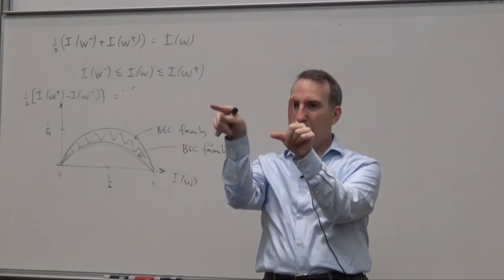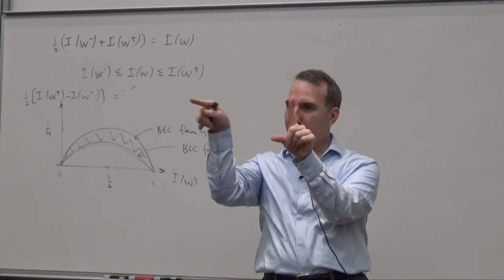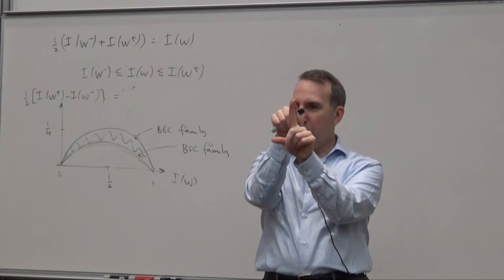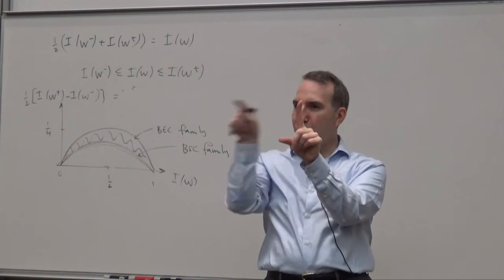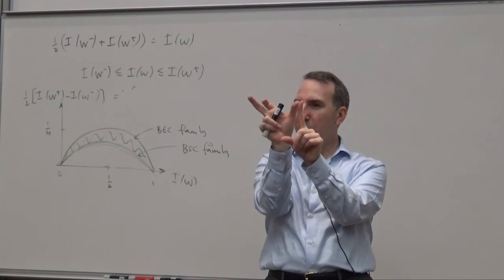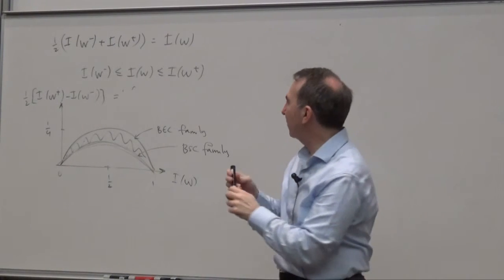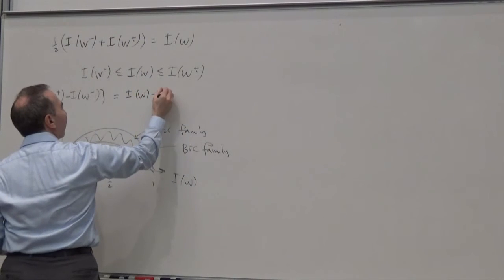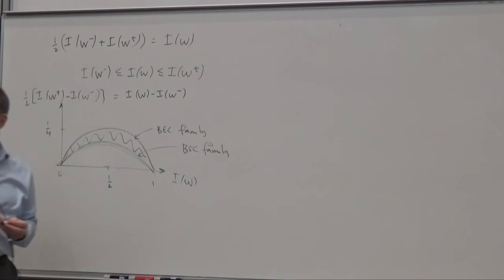On the real line, they are exactly in this order. W minus is worse, W is here, W plus is the better. In fact, the average of these two numbers being the same as this, half the distance between W plus and W is the exact distance between W and W minus. So this point that I have here is nothing but IW minus IW minus.